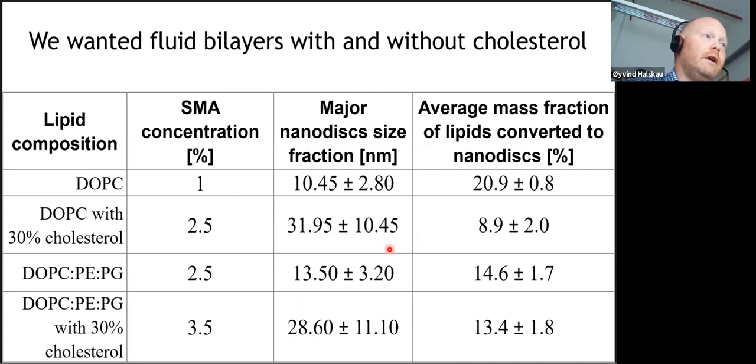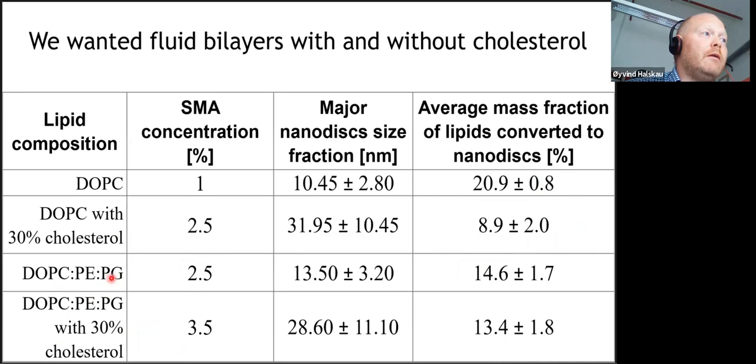Generally, we experienced that making nanodiscs from DOPC vesicles was really easy. They readily went into the nanodiscs. Highly fluidic lipids went right into it with high conversion efficiencies. The same with cholesterol yielded much lower mass conversion.